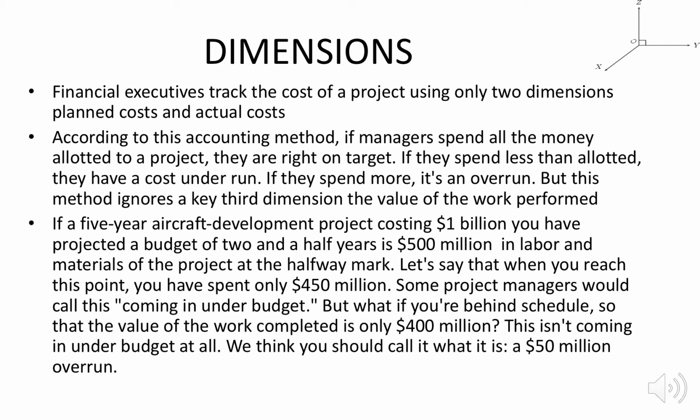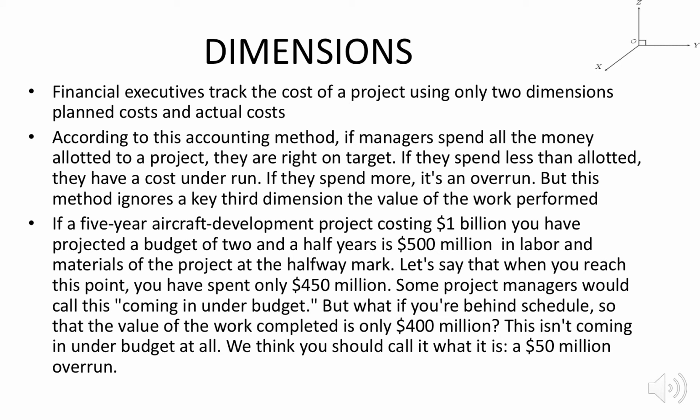So if we spend 450 million, that is below the budget of the project. Most project managers think that it is coming under the budget, but actually it is not. Why? Because the value of the work completed is only 400 million.